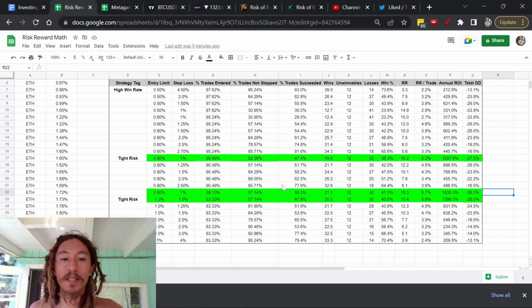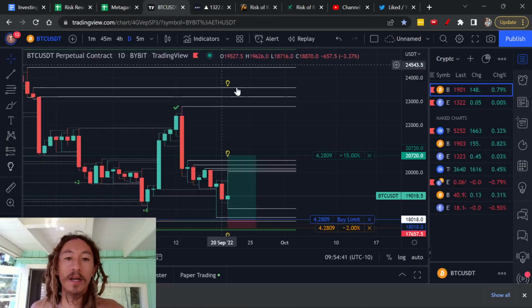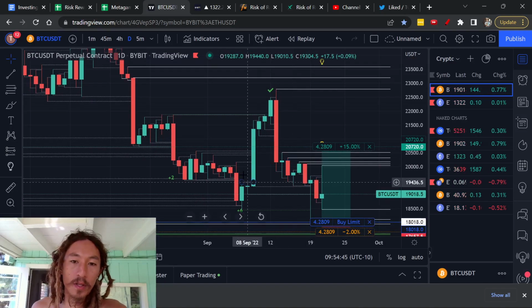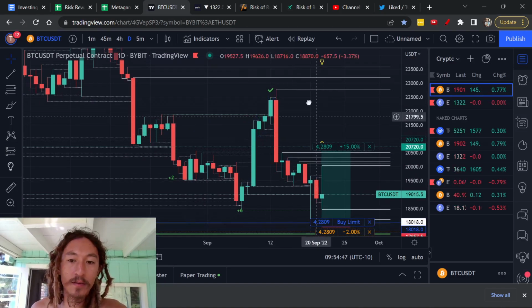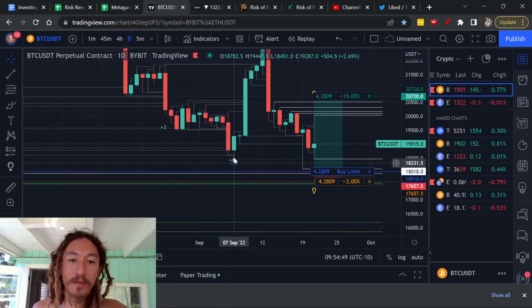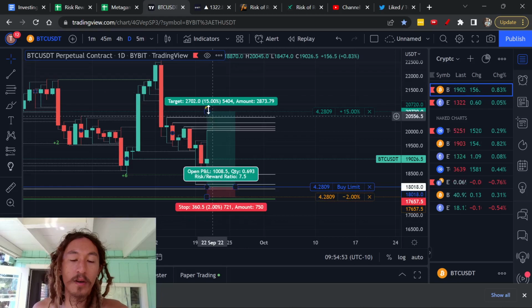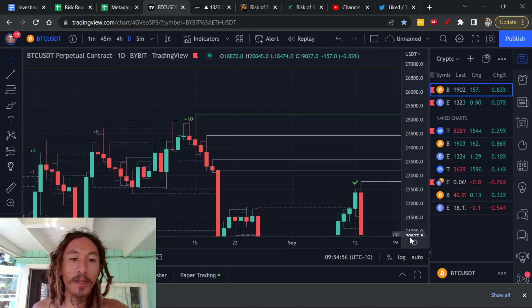We're going to come back to this in a moment, but I want to look at just the chart to show you. I'm looking for liquidity clearing candles, and then I'm just setting my bids or asks beyond that level.